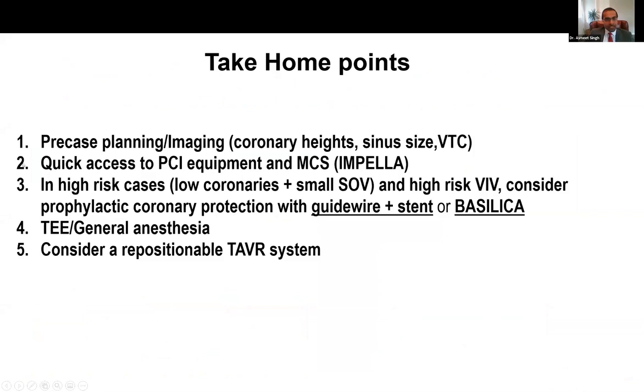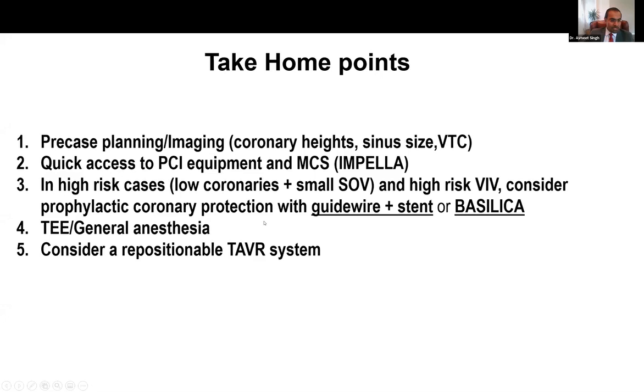So, take home message: pre-case planning and imaging is absolutely important so that you have all the information you can use to predict what's going to happen. You need to have access to all the PCI equipment in the TAVR room. Sometimes we don't have it, we're doing it in the OR. In high-risk cases, preventative strategies are the way to go, because the paper that came out from Mount Sinai from Dr. Rajmakar clearly shows that patients who did not have pre-procedural protection did worse.